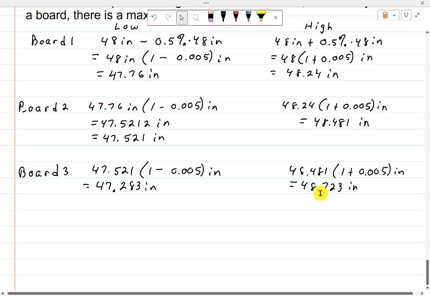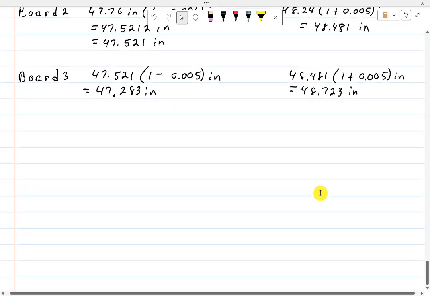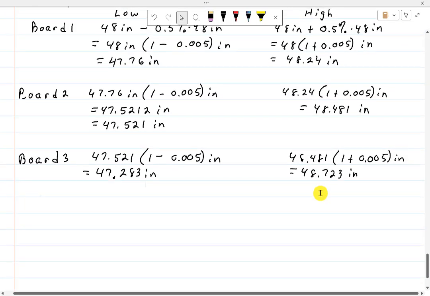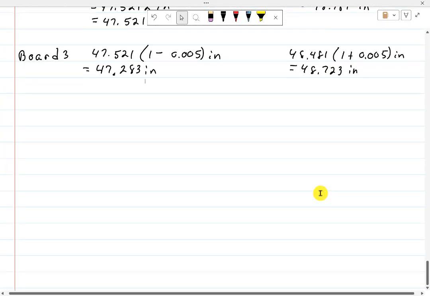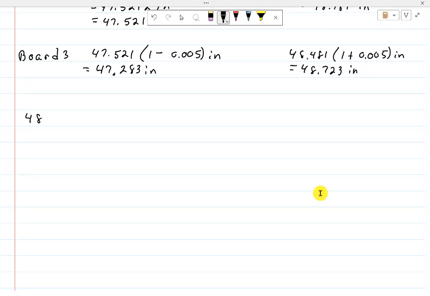Now, you might notice that what we've done so far is when I started with the first board, I had 48 inches. So I took 48 and I multiplied it by 1 minus 0.005, and that was the first board. These are the low estimates. But then all I had to do to get the second one was this.